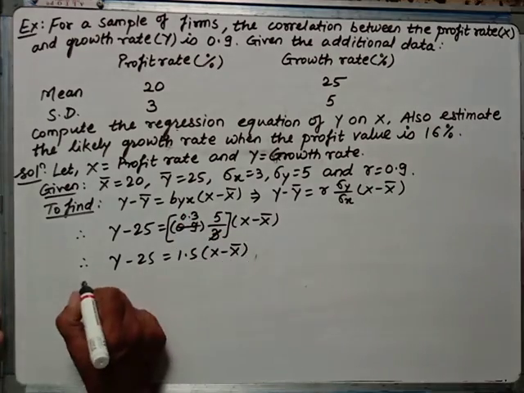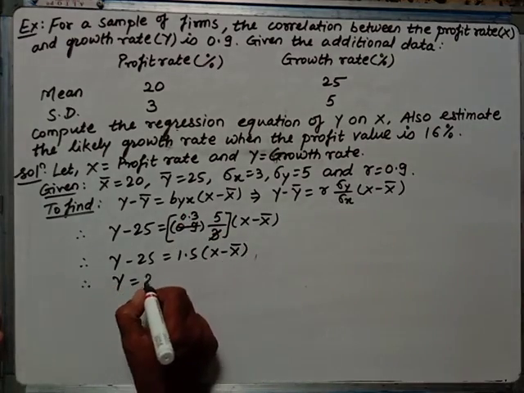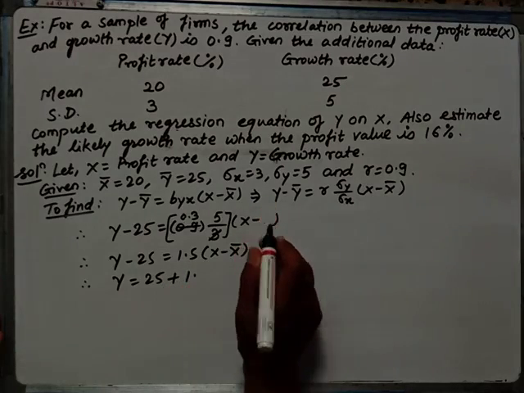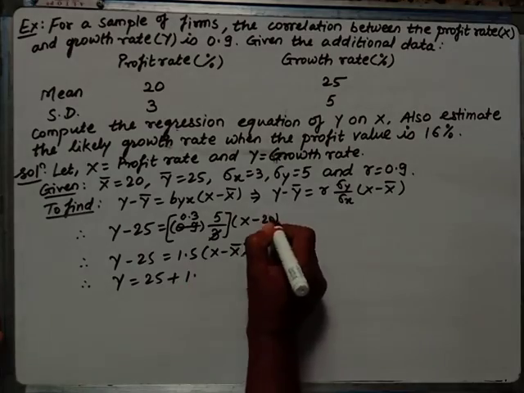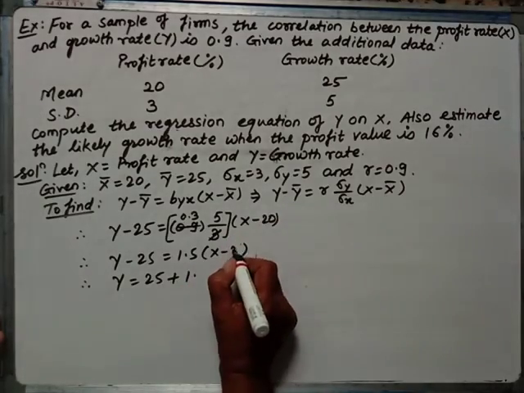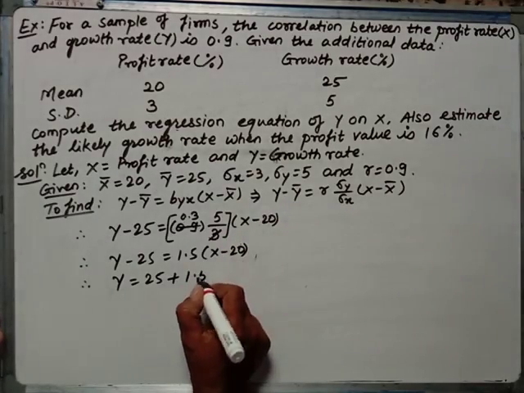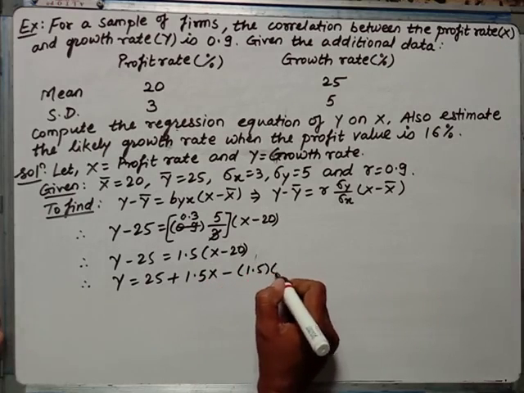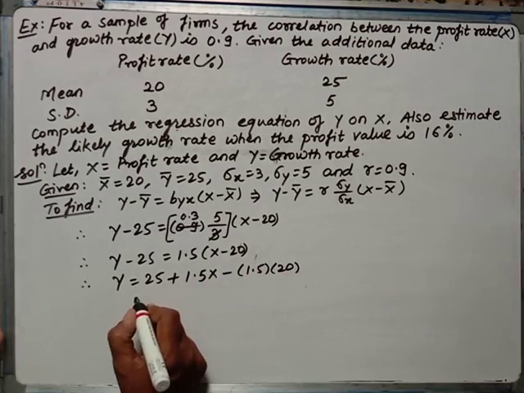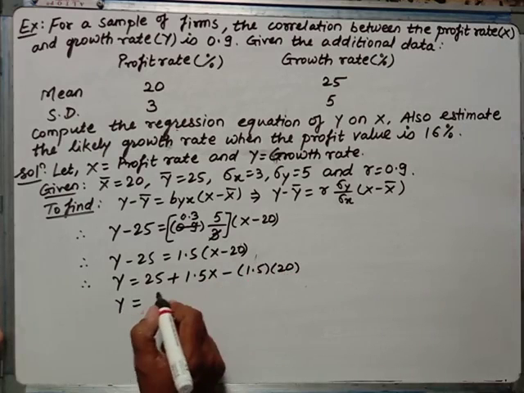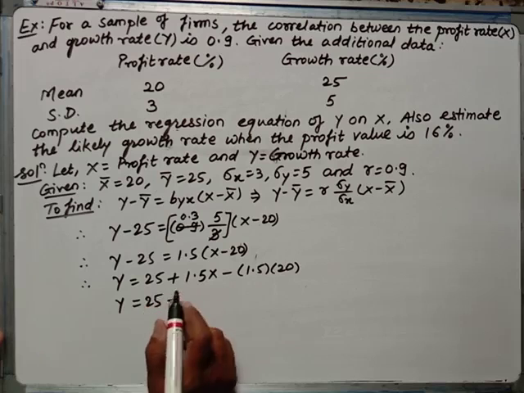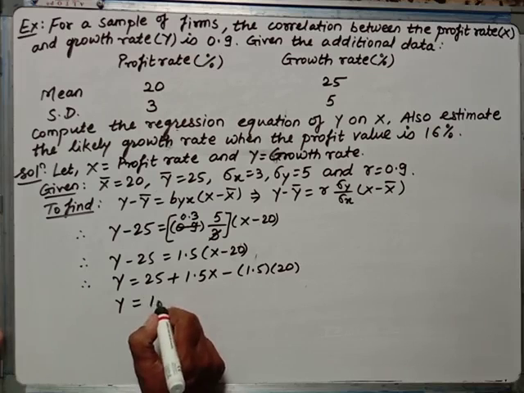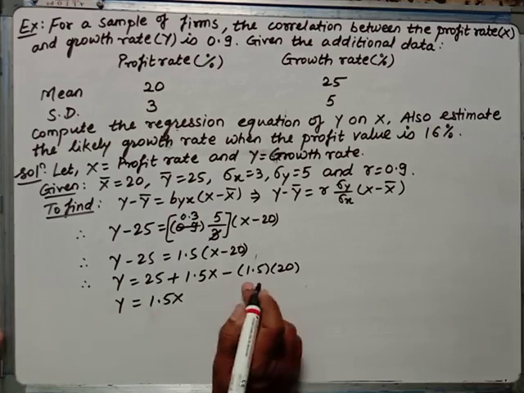So therefore y is equal to 25 plus 1.5, sorry, x bar we should put here. What is x bar? It is 20. So 1.5 into x minus 1.5 into 20. So y equal to 1.5x, and this will be 30.